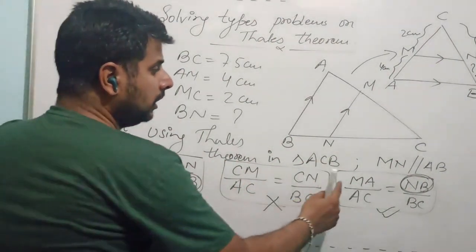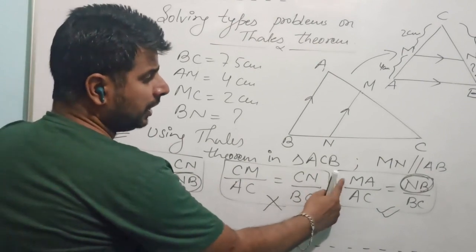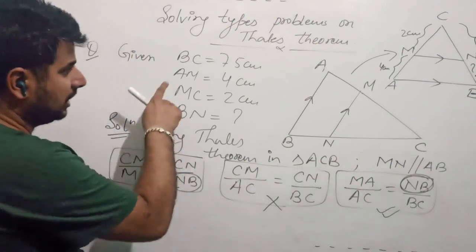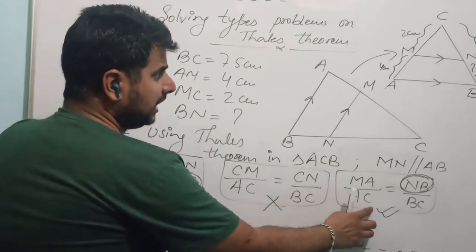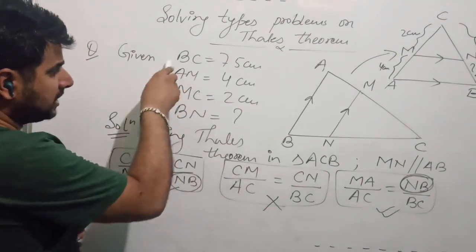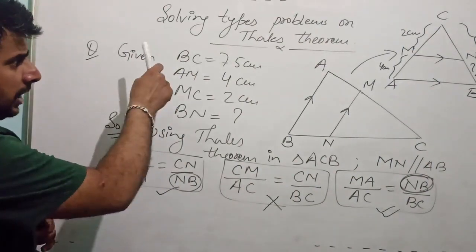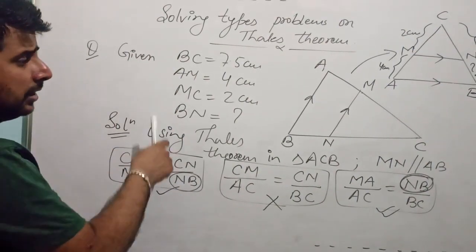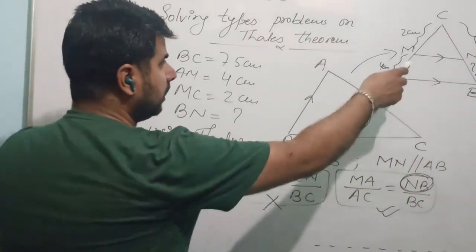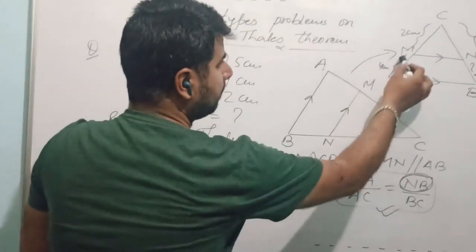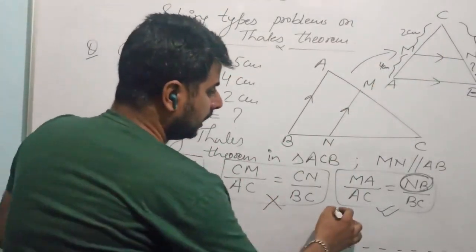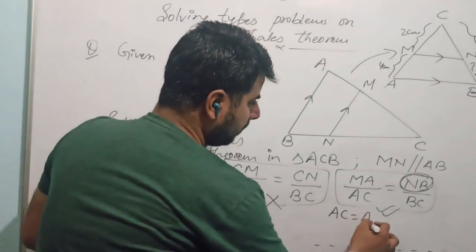Okay. Now, in the second option, first you need MA. Yes, MA is there, 4 centimeter. Second, AC, again AC is not there. See, no one is AC. Now let's try to check from the figure what is AC. So AC means AM plus MC.